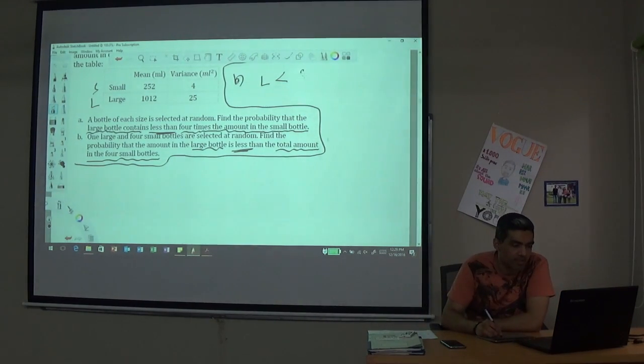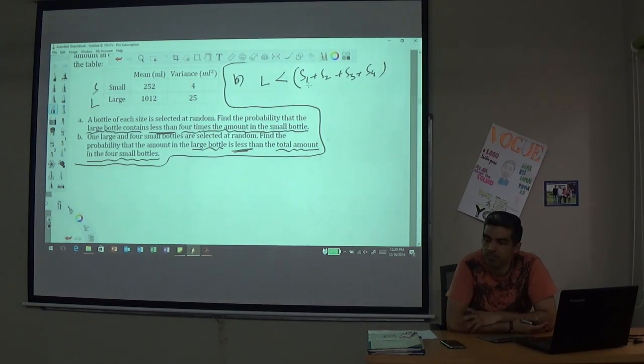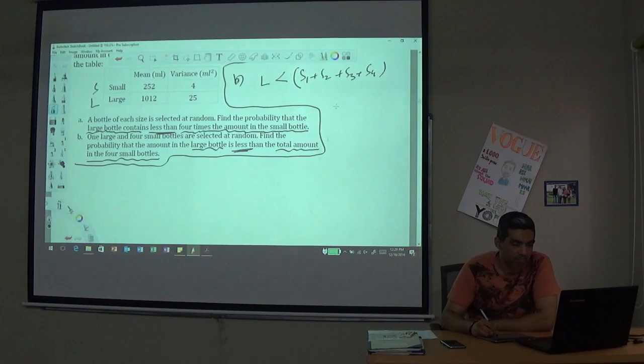I hope we can see the difference between the two wordings. So this implies L minus (S1 plus S2 plus S3 plus S4) is less than 0.